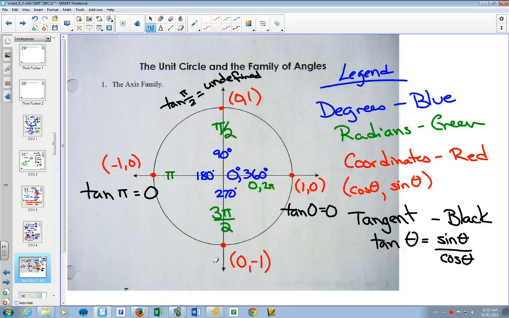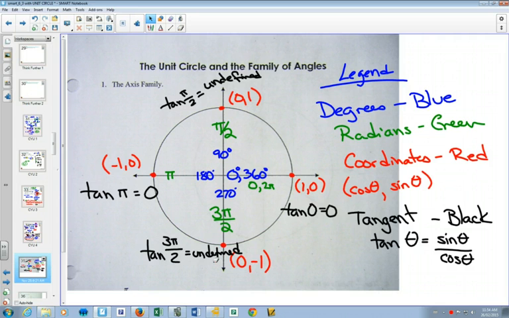So tan of pi over 2 is undefined, and similarly, we would say that tan of 3 pi over 2 is undefined. That is our first family.